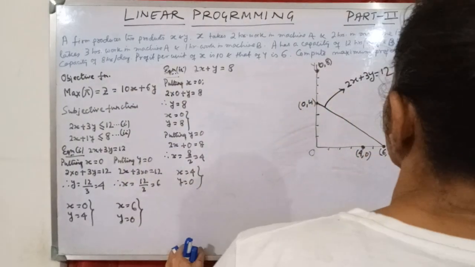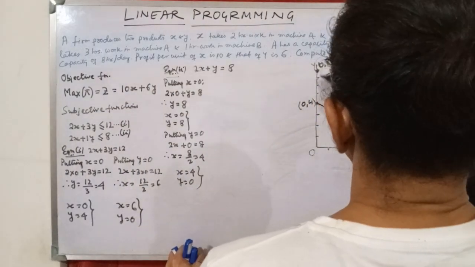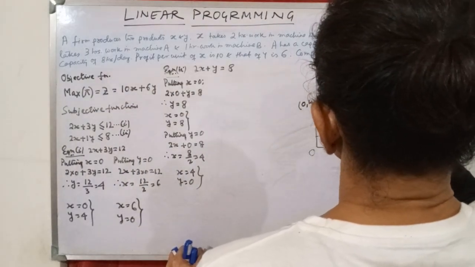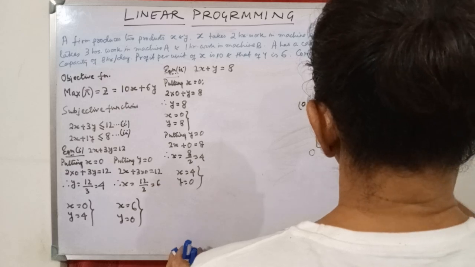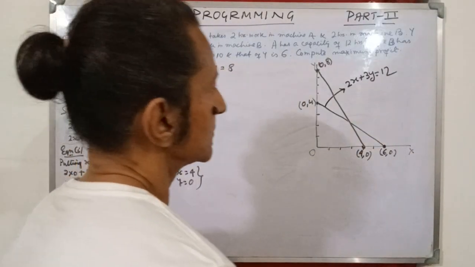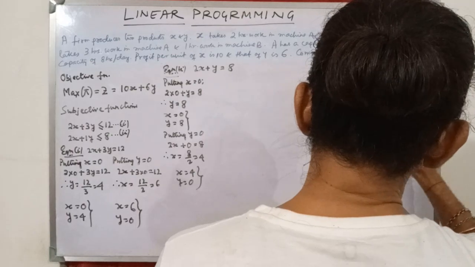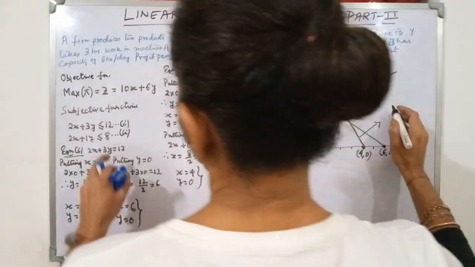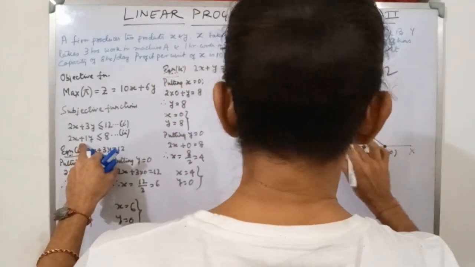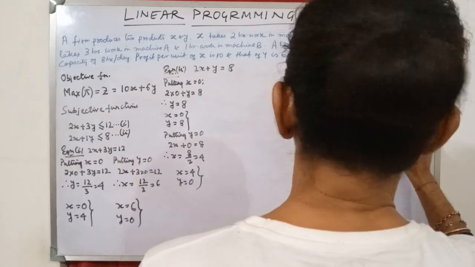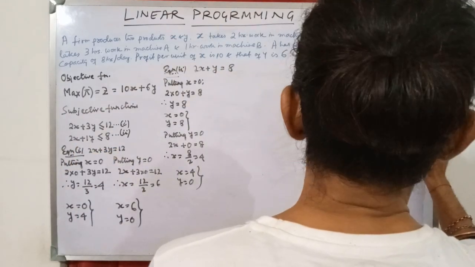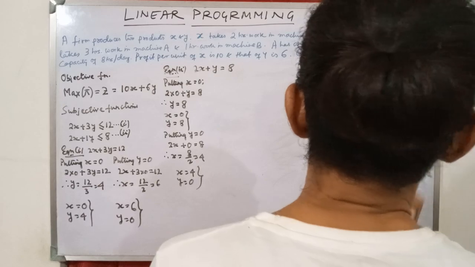Correct? Now we shall join these 2 points. This second one is the equation of this straight line, that is 2x plus y is equal to 8.